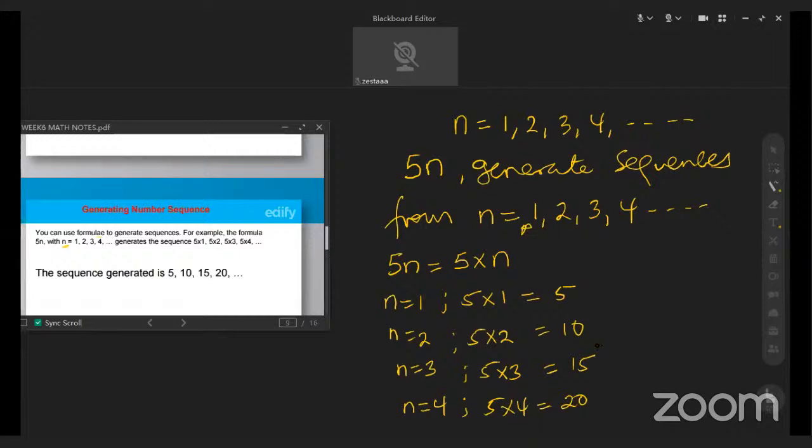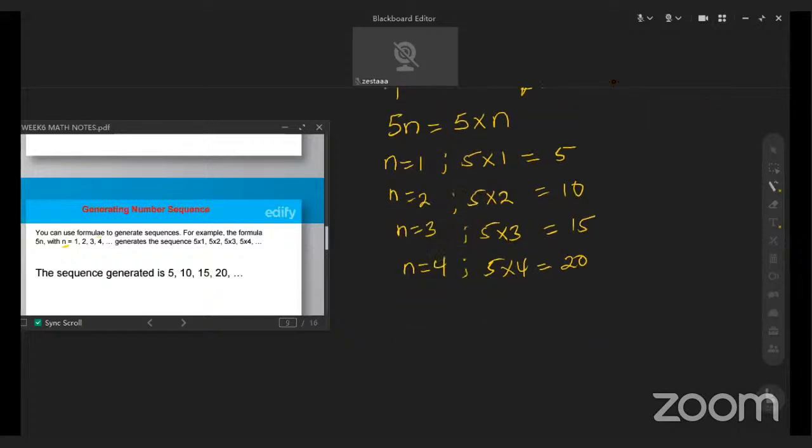So your sequence of numbers will be 5, 10, 15, 20, on and on. You can even predict the next one. For n equals 5, this will be 5 times 5, which is 25. You can even generate the next one and on and on.